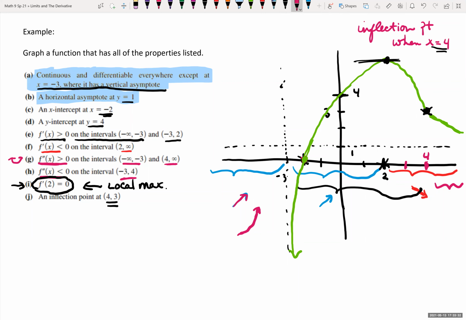And I know I have a horizontal asymptote here, so I could be following that horizontal asymptote. It's increasing, it's concave up. Vertical asymptotes we can never cross, horizontals we can. And it's strictly increasing there. So we got that picture: increasing, concave up.